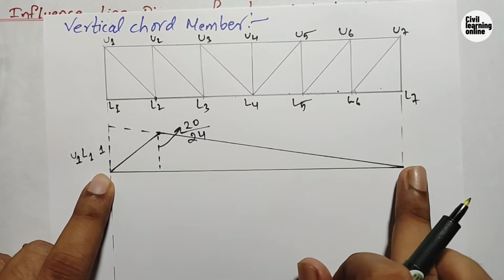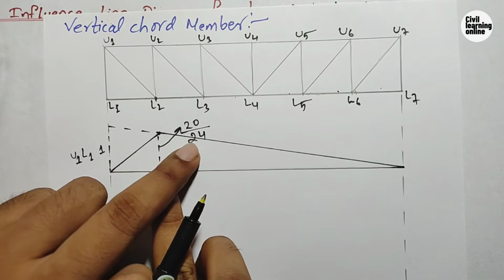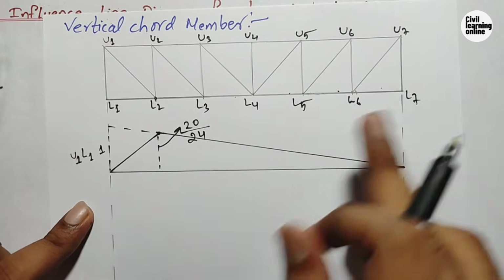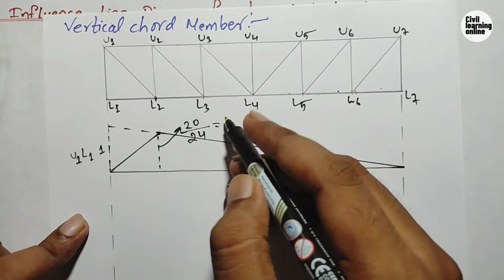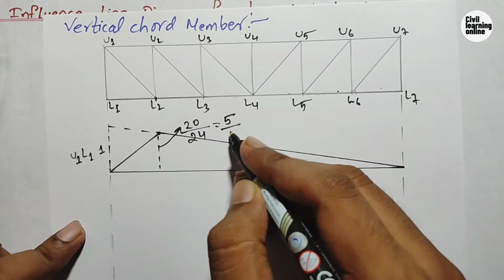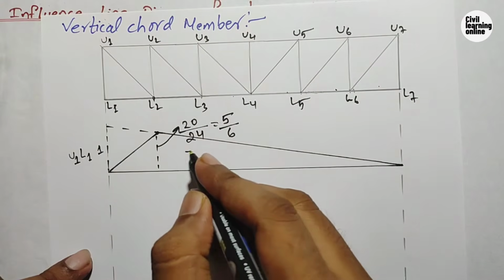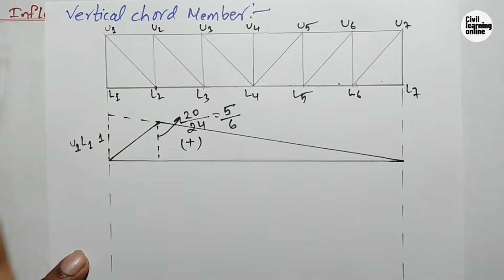So while moving from here to here, our x value is going to be 20 meter divided by the whole span of 24 meter, because each span is of 4 meter, and there are 6 panels total. So from here we will get 5 by 6, and this is positive. This was for the vertical chord member U1 L1.